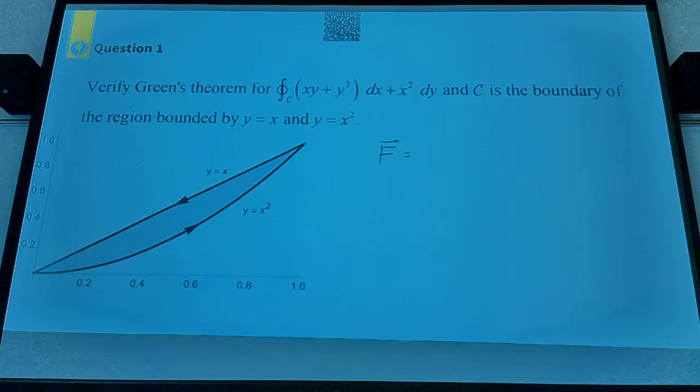Our vector field. There. There's the vector field.